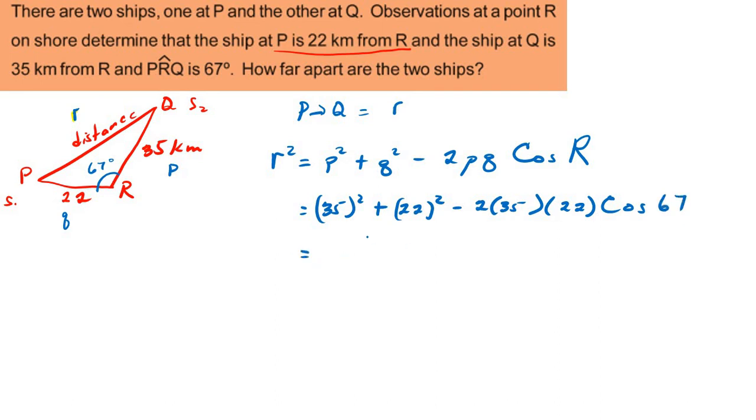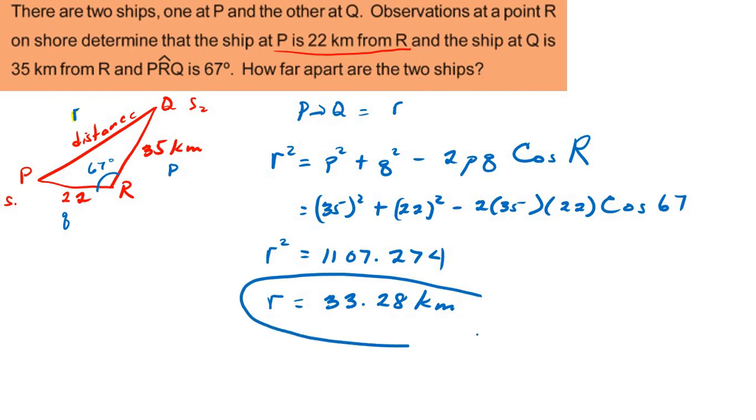Getting your calculators, if you're going to solve that, this would now be 1107.274. However, this is again R squared. So getting the value of R, then we have 33.28 kilometers. So this is now the distance of the two ships.